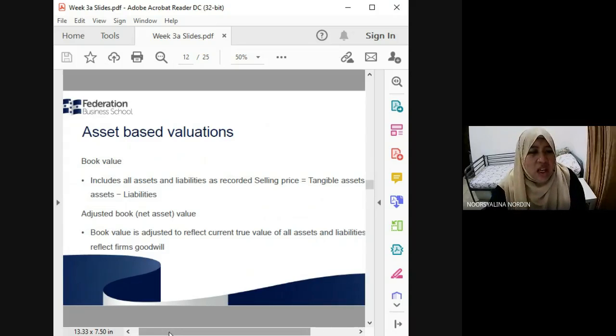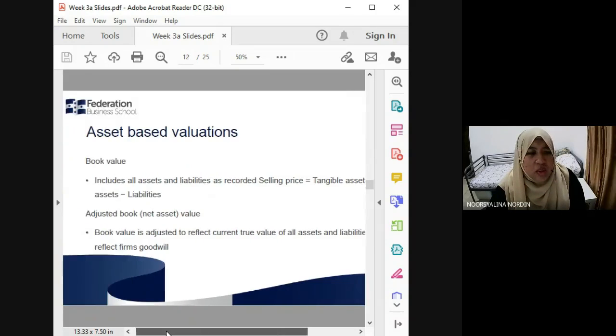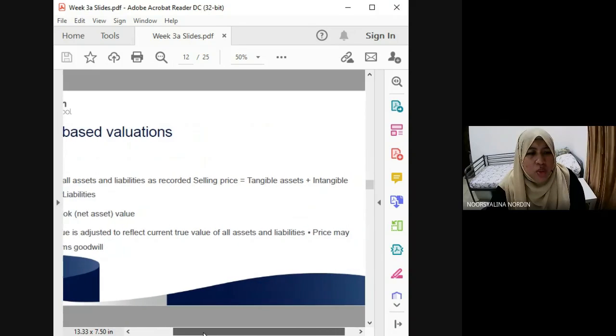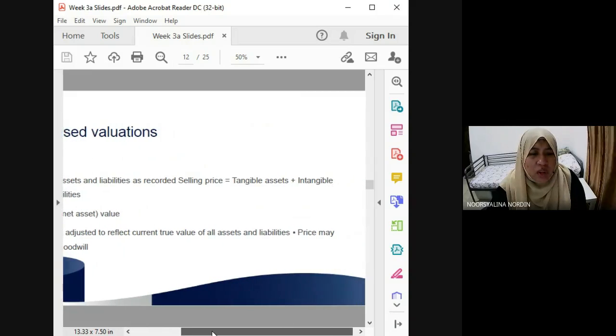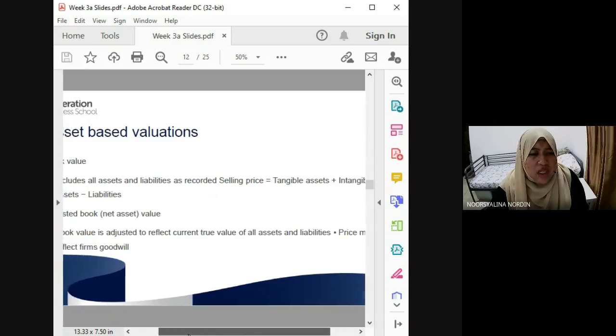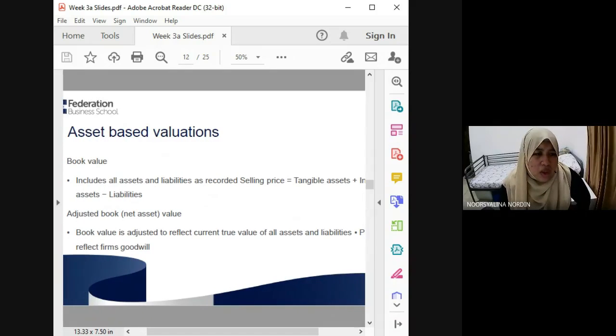Then the adjusted book net asset value. Book value is adjusted to reflect the current true value of all assets and liabilities. Price may reflect the firm's goodwill. So when we calculate the assets and the liabilities, then we know the true value, meaning how much the business really has at that particular time.